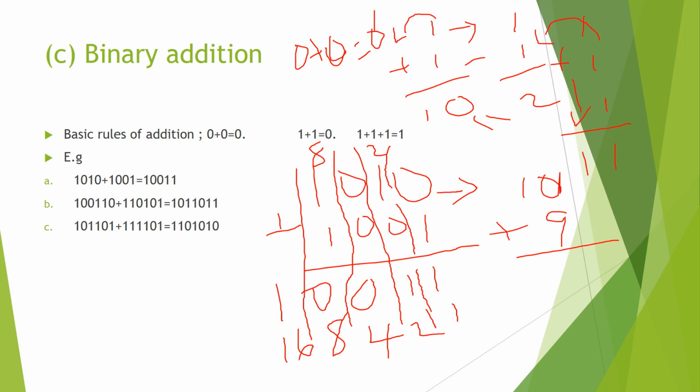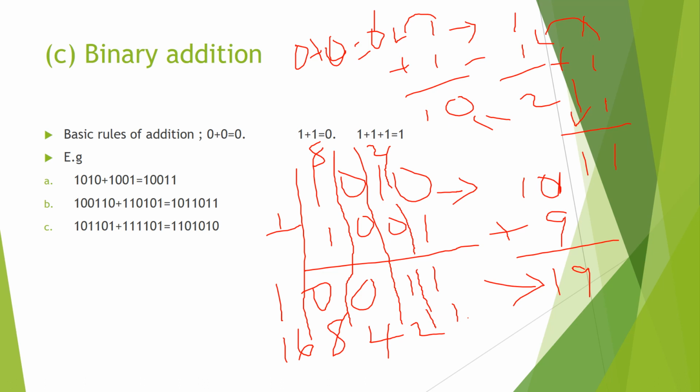So if you add 10 and 9, you get 19. Let us see if the result is equivalent to this 19. Here we have 1 plus 2, then plus 16, which gives us 19. Very true.